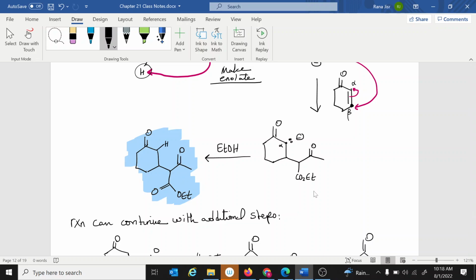Okay? Here, instead of writing this as a condensed form, I am writing it as a regular structure, but both are the same.